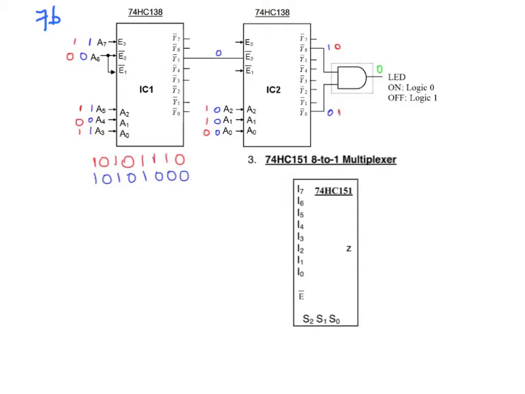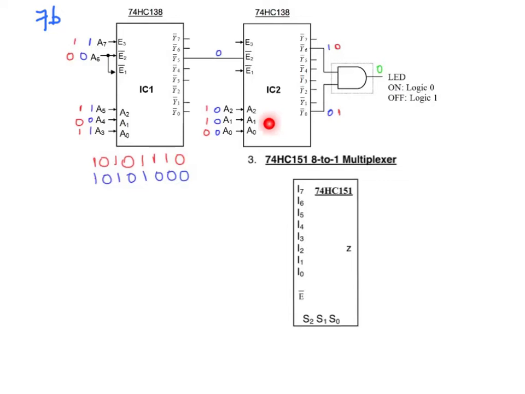For 7b, we are asked to replace IC2, this IC, with the multiplexer shown here. Before replacing, we need to identify the input to this IC2 and its output.